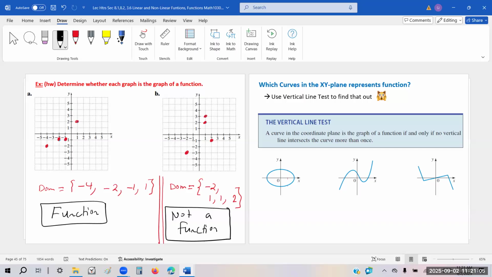For example, here, if I draw my vertical line here, how many times does the vertical line cross the graph? Once here and once there. 2 intersections. Is it a function? No. Not a function.